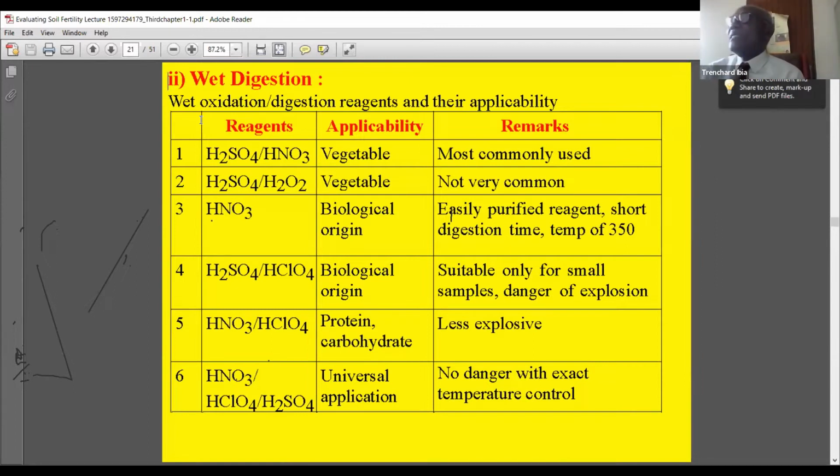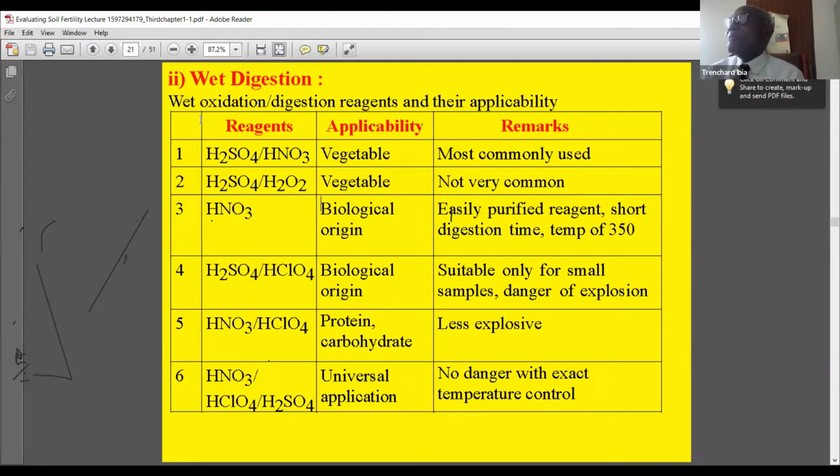You can wet oxidize or wet digest any vegetable material. The same thing with sulfuric acid and hydrogen peroxide. You can do any vegetable material.